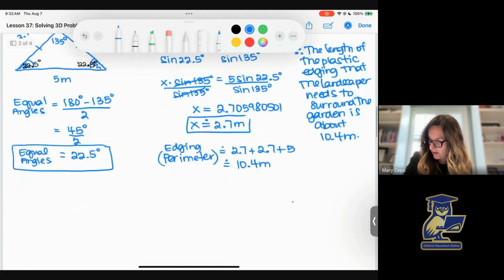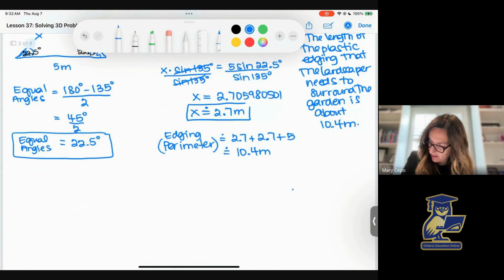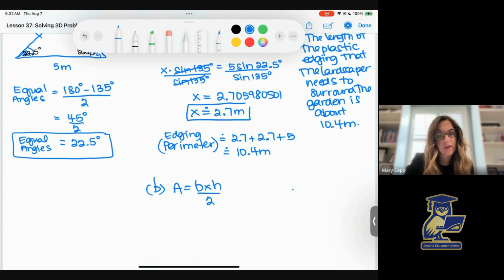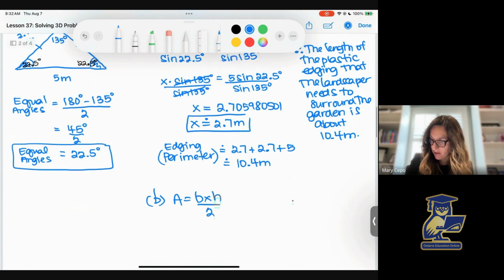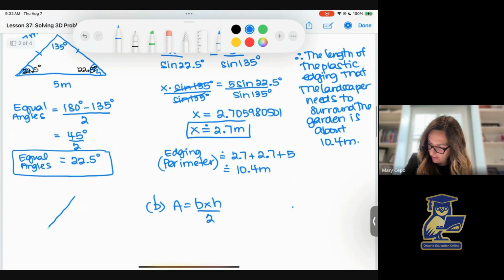Now recall area is equal to base times height, divided by 2. So in this case, we're going to have to revise our triangle because we have to break it into 2. So we would have to do such, and by doing that, this would equal 2.7. We know that.